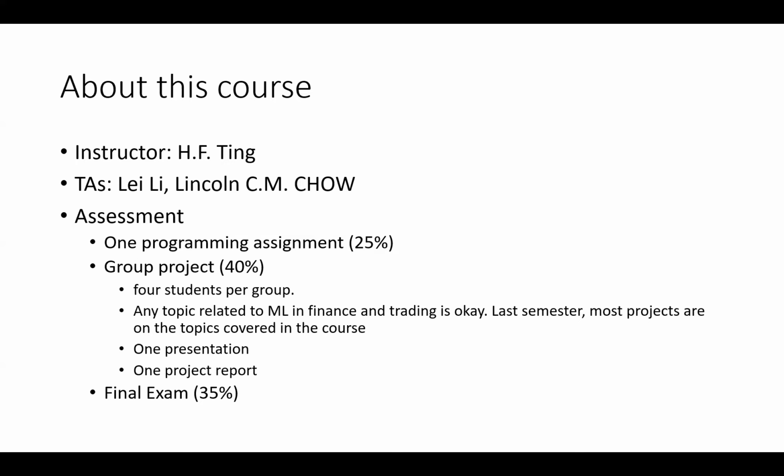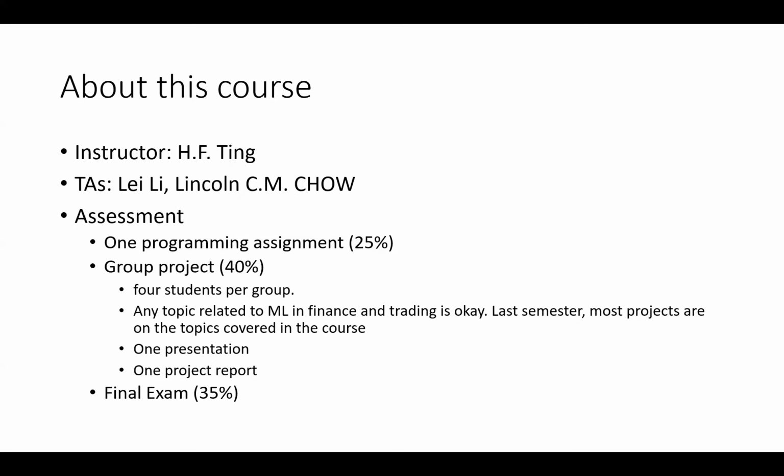So this project is also a very important component. For the arrangement of the project groups, we expect about 4 or 5 students in each group. Since the class size here is quite large, I would expect that every group will be around 5 students.